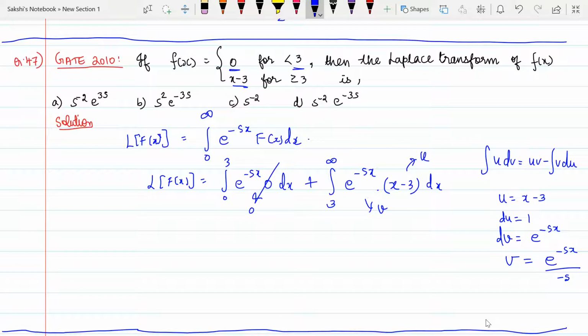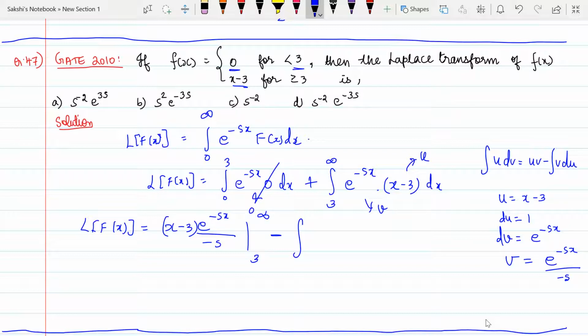Now let us solve this particular integral. L of f of x will be uv, which is x minus 3 into e power minus sx by minus s from 3 to infinity, minus integral v du.